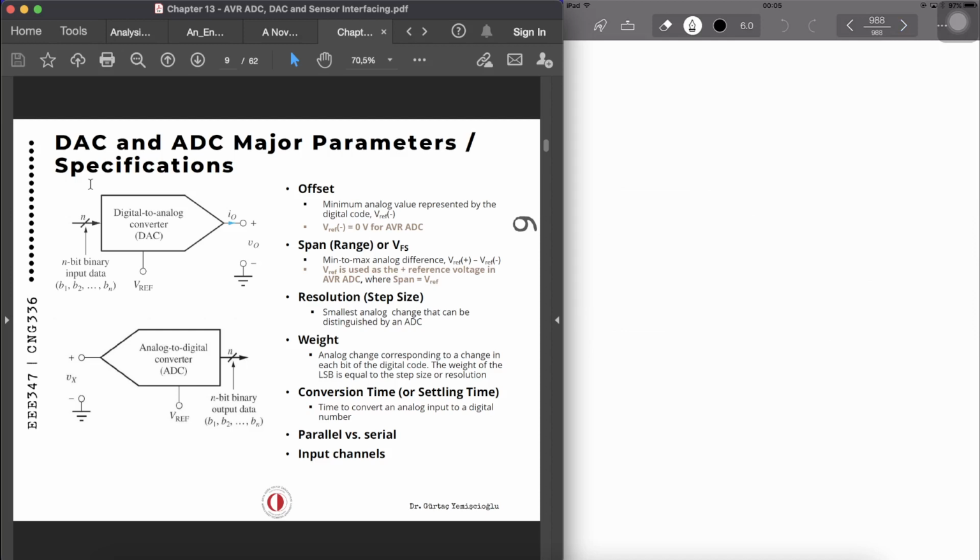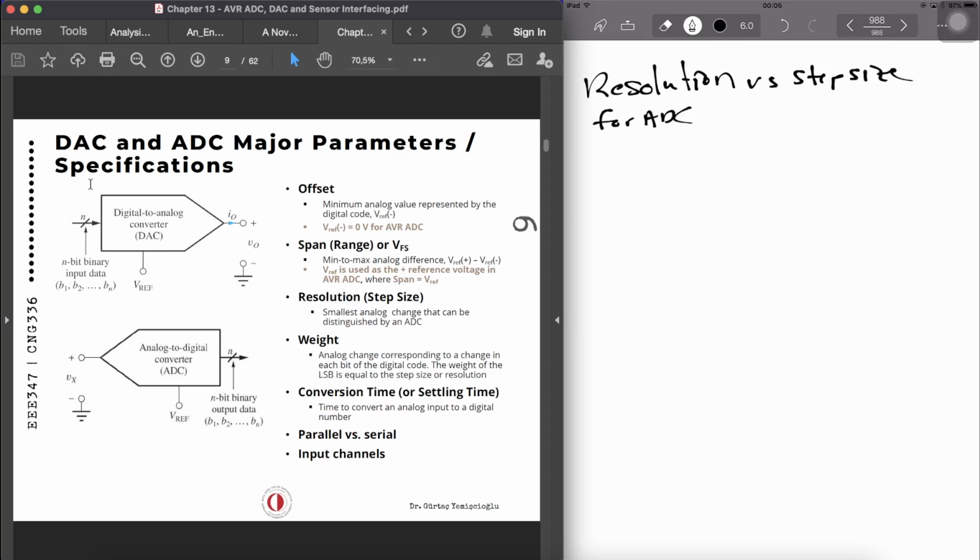Okay, so when we consider resolution and other things, let's draw this table: resolution versus step size for ADC.